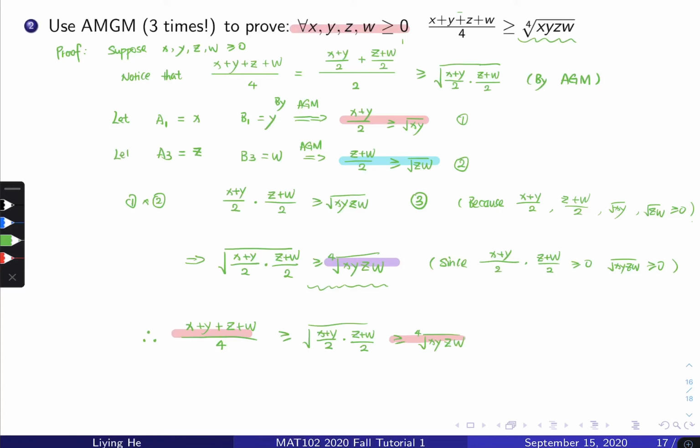And let A2 equal to z, B2 equal to w, then we have this. Alright, now multiply 1 and 2 together, you get this. Alright, so this is a formal proof already. Great.